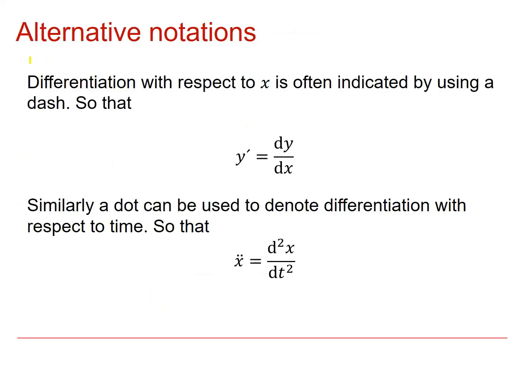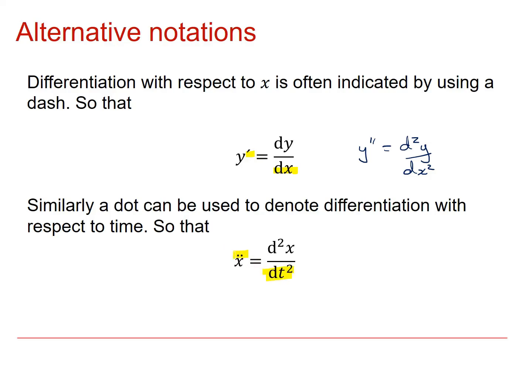We use some alternative notations as standard. For instance, you'll see a shorthand dash to indicate differentiation with respect to x, and double dash would be used to indicate the second derivative with respect to x. Also common is the use of a dot notation to represent differentiation with respect to t.